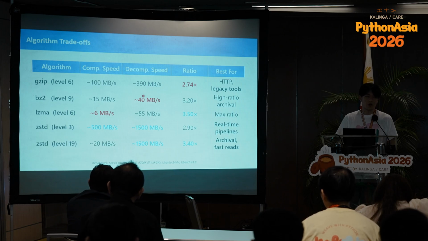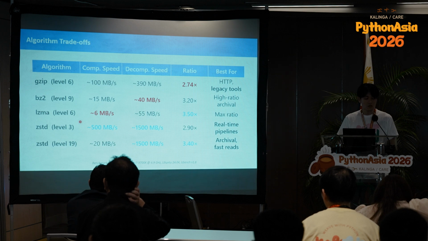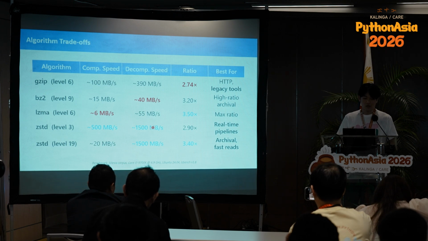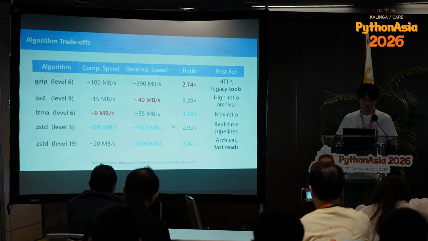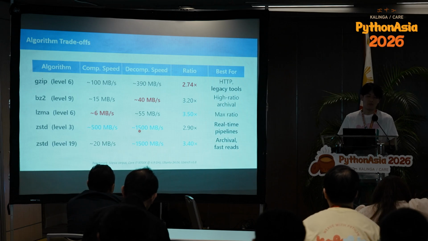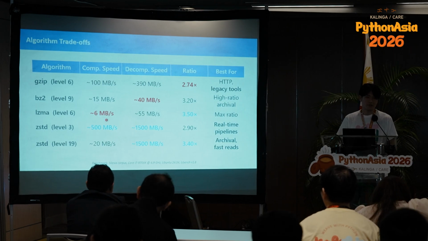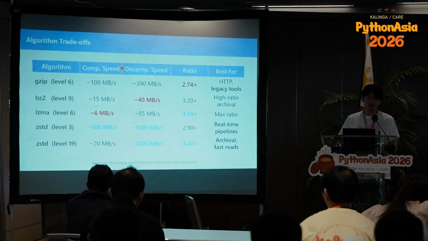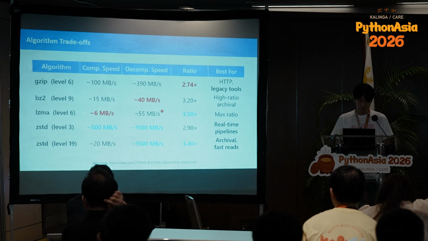On the other hand, Zstandard, or zstd, has good compression speed and decompression speed while keeping a good compression ratio. Compression speed reaches about 500 megabytes per second. This is 5 times faster than the gzip we usually use, and in terms of decompression speed, it is also 3.5 times faster than gzip.